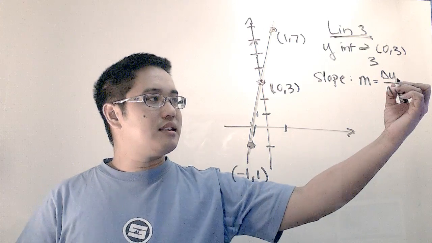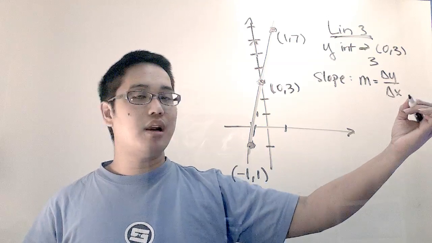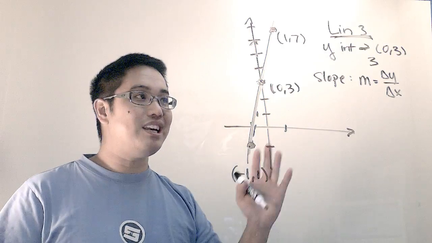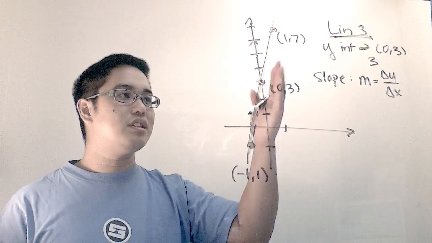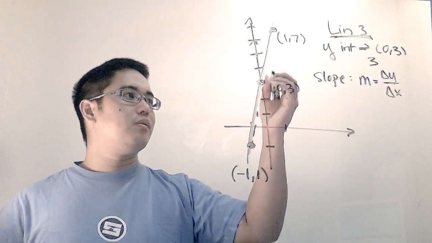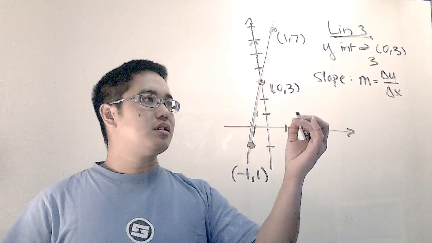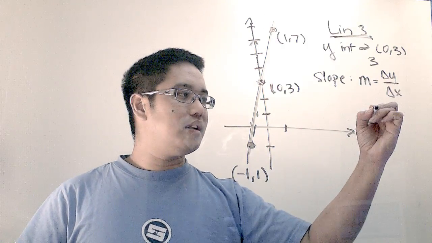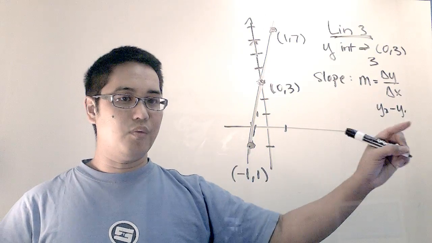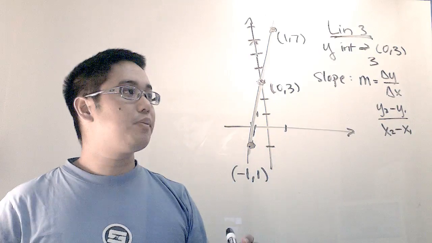This is the rise, how much up you go, divided by the run, how far across you went. You can do this with any 2 of these points. One point could be 1, 7, and the other could be 0, 3. So delta y is y2 minus y1, the change in y, divided by x2 minus x1. And you just plug it in here.